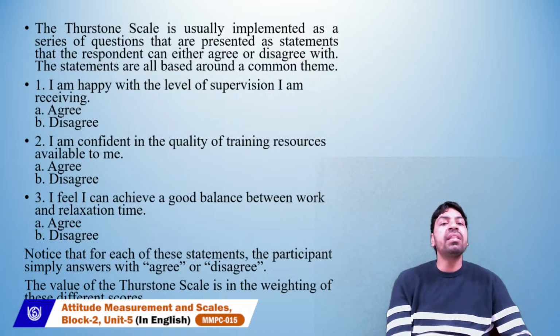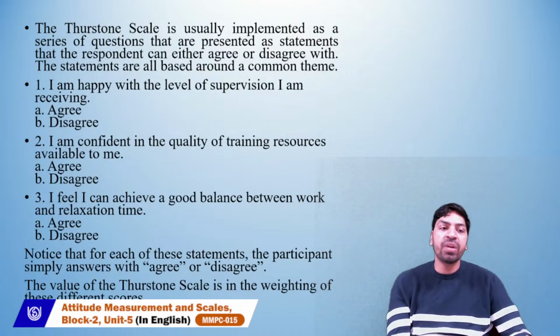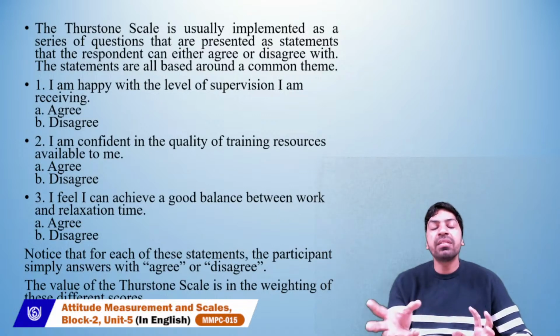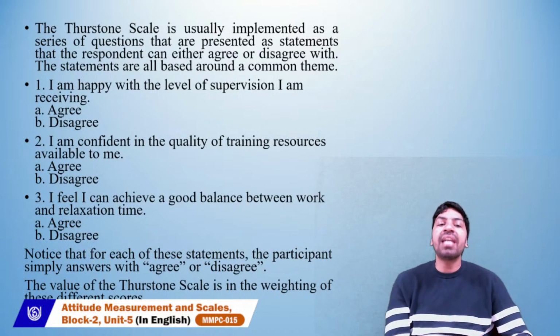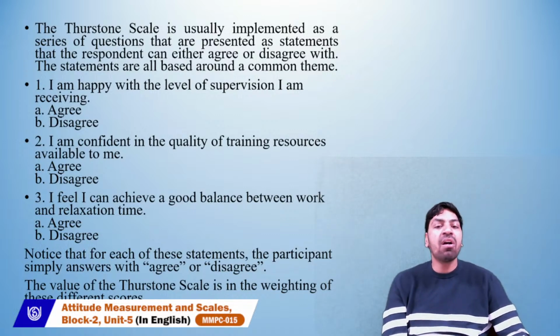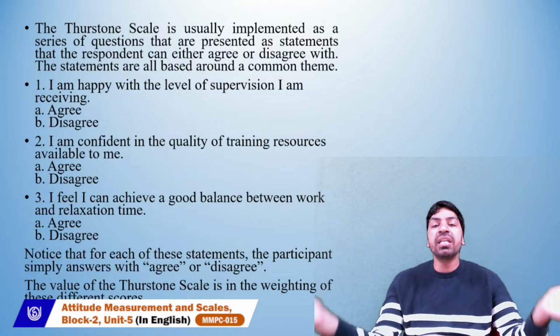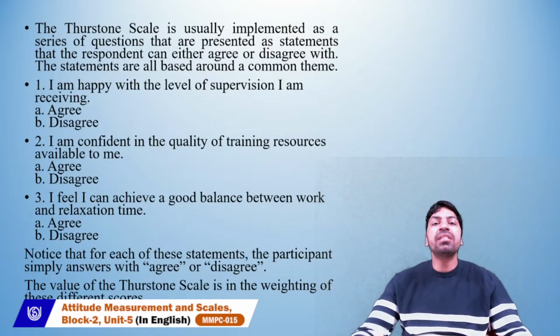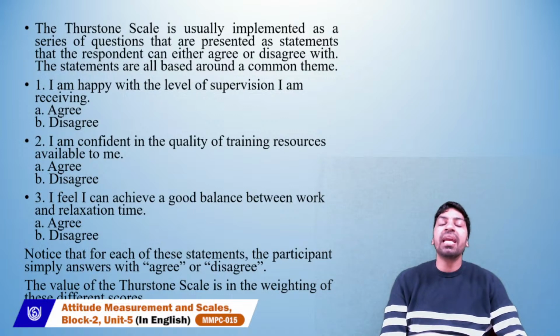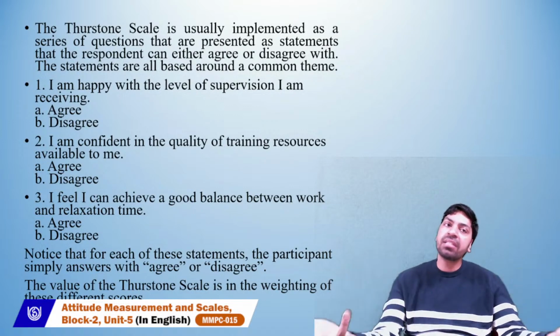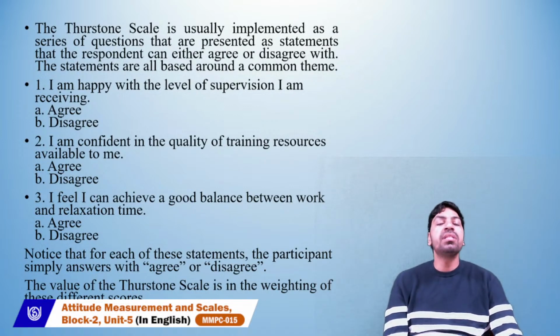I'm confident in the quality of training resources available to me, agree or disagree. I feel I can achieve a good balance between work and relaxation time, agree or disagree. If a series of questions has the response agree or disagree, that becomes the Thurstone scale.